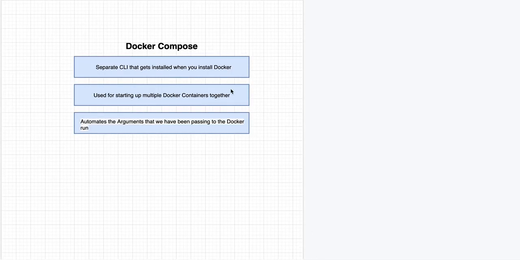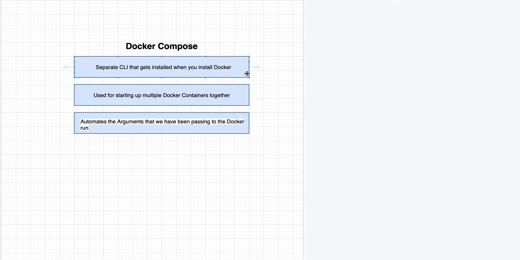If you take a look at Docker Compose, it is mostly used as a separate CLI, which gets installed when you install the Docker, so it automatically gets installed along with the Docker. Now you are going to use the Docker Compose in order to create the multiple containers together with one command, that is Docker Compose up, and your entire application comes up and running.